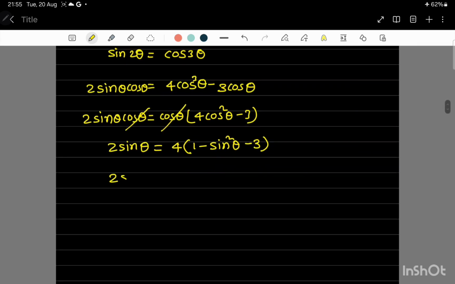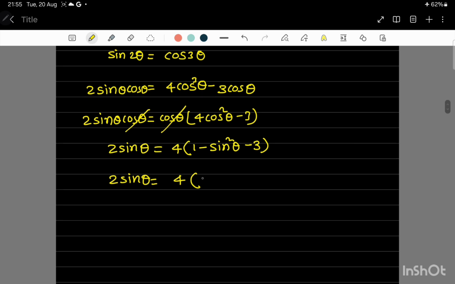So 2 sin theta is equal to 4 into 1 minus sin square theta, minus 3. So we can write here 4 minus 4 sin square theta minus 3. So 4 minus 3 is 1, so 1 minus 4 sin square theta.